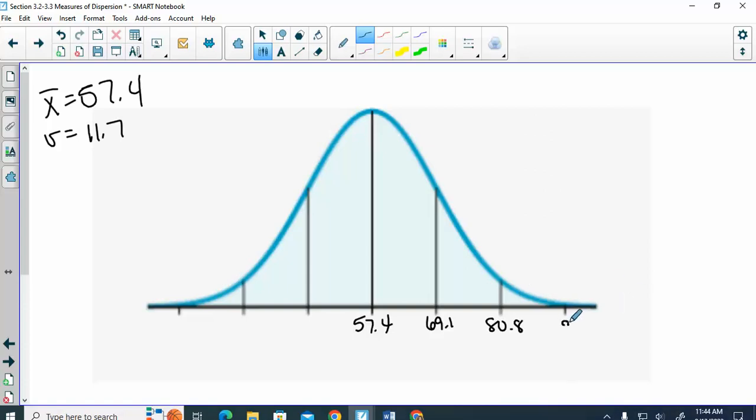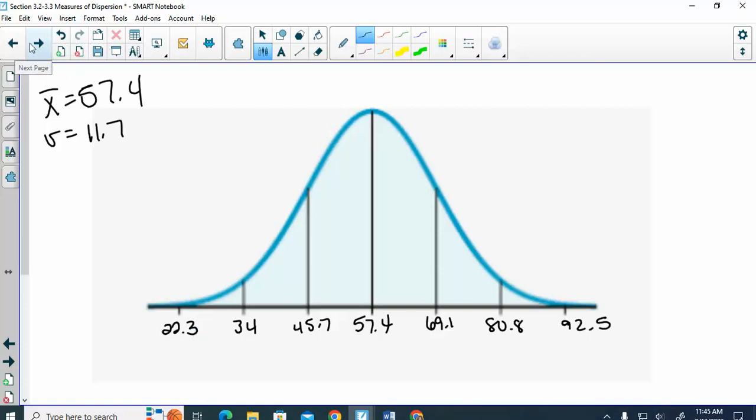And to get the ones below, we're subtracting the 11.7. Now this picture isn't required, but I'm just putting it on here to really illustrate what I'm talking about. You guys all see where I got those numbers. I had my mean, and I just added my standard deviation for the above and subtracted it for below.